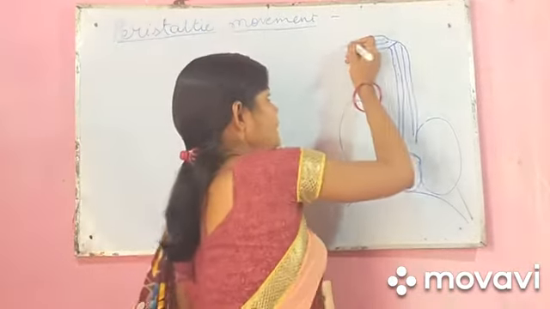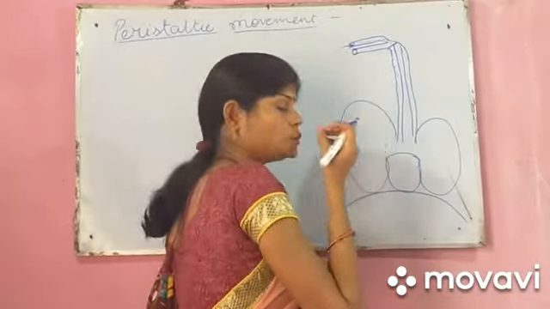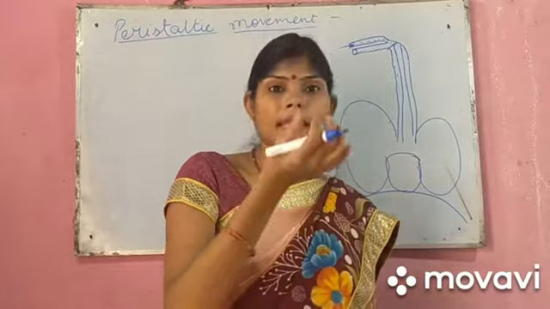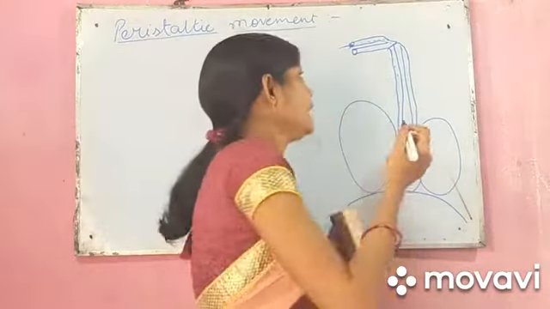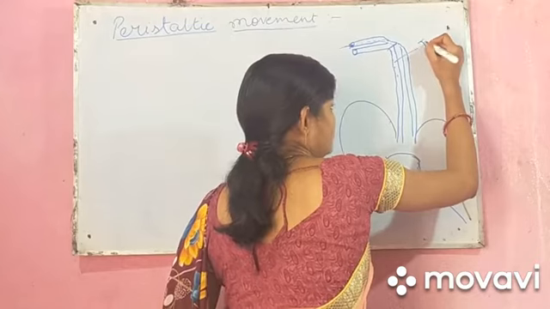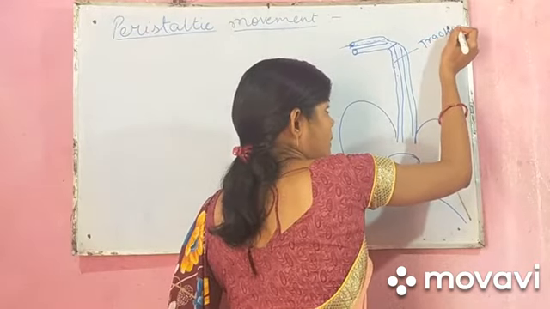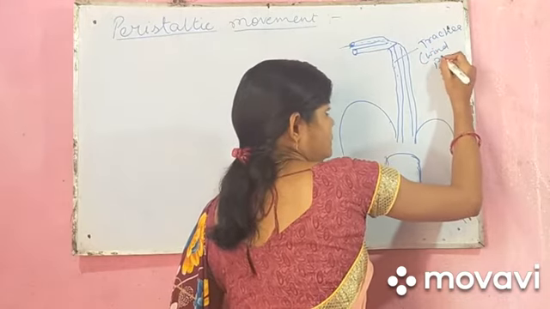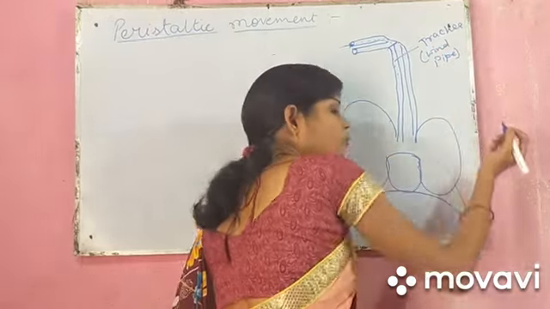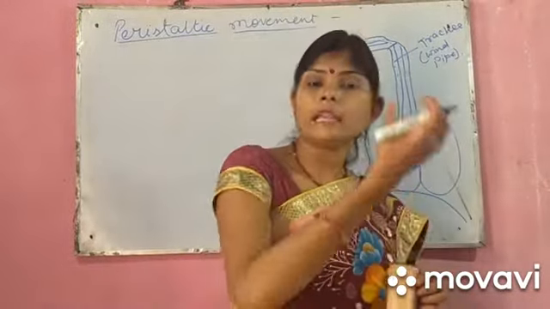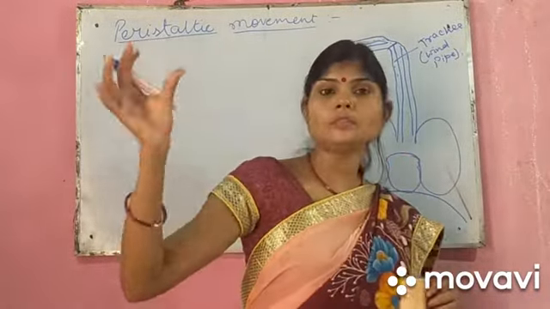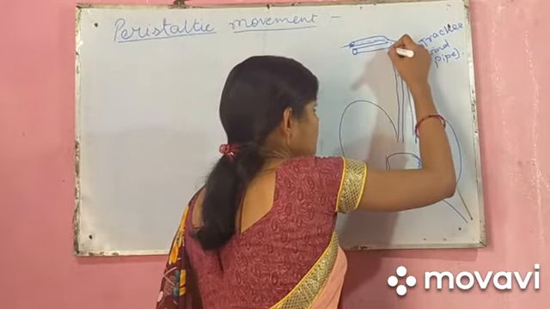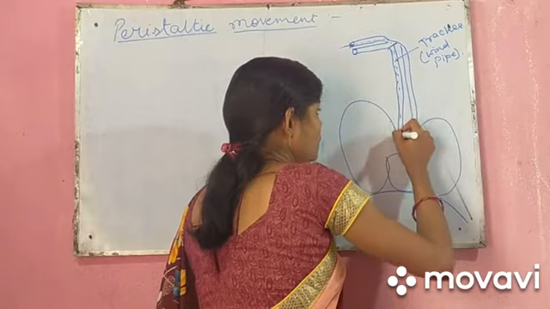We have openings in our nasal part, the nose, through which air enters. By the help of the trachea, which is also known as windpipe, air flows from outside to our lungs.